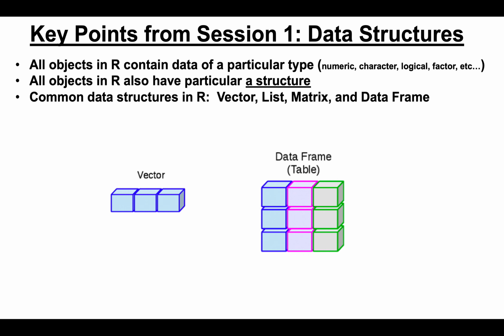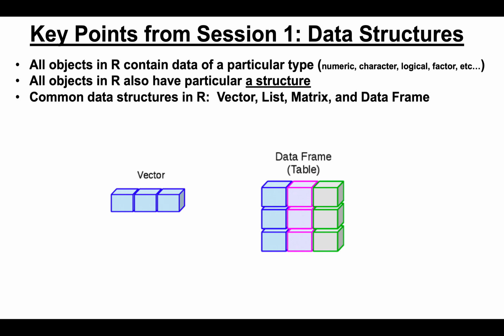Okay, so in addition to data types, there's another really important concept in R programming in general, and that is data structures. All of our objects are going to contain data of a particular type, and all of our objects are going to have a particular structure. When it comes to R, there are four most common data structures: the vector, the list, the matrix, and the data frame. We heard about vectors last time. They are a very straightforward data structure.